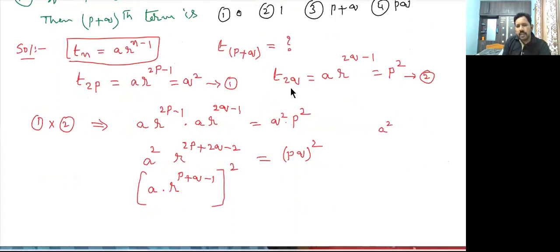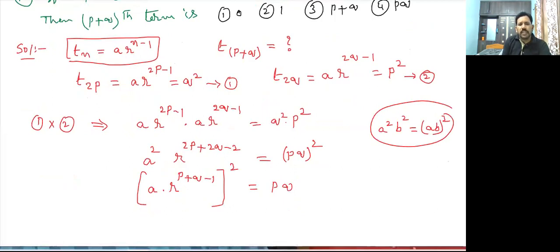If a square b square is there, we write ab whole square. This is pq.